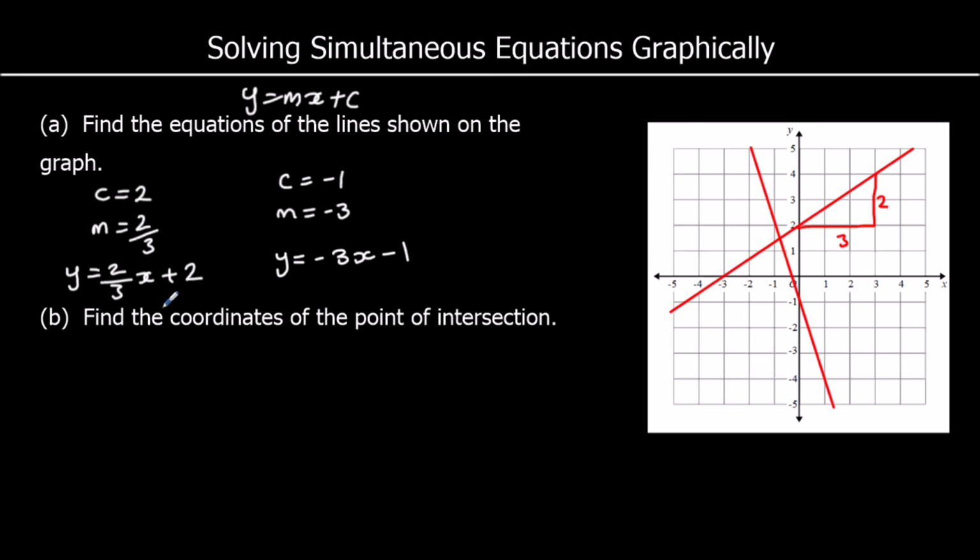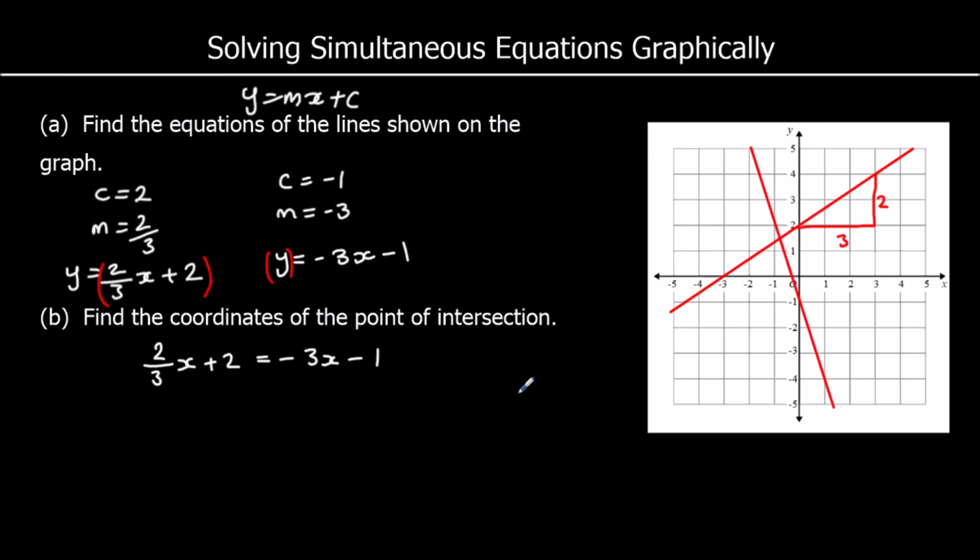So what we can say is 2/3 x plus 2 is equal to -3x minus 1. They're both equal to y, so they're equal to each other. You can also substitute y into the second equation. So we're going to solve this now.